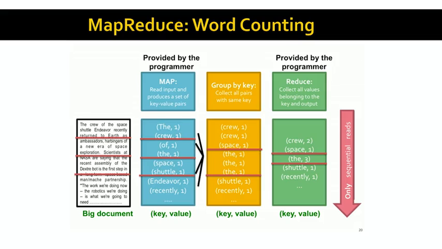Now this is super important because sequential reads are much more efficient than random accesses to disk. If you remember from your basics of database systems, it takes much longer to do random seeks than to do a single sequential access of a file, and that's why the whole MapReduce system is built around doing only sequential reads of files and never random accesses.